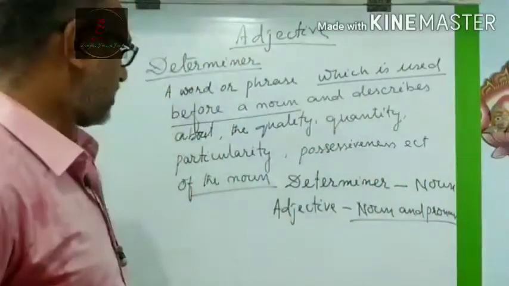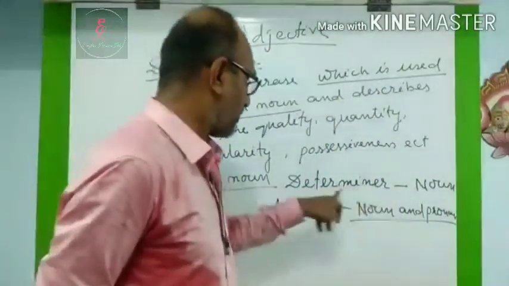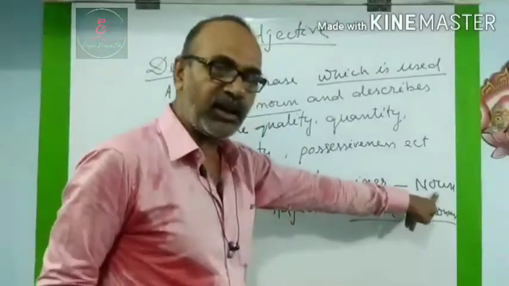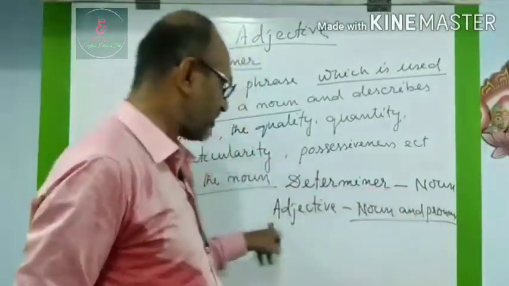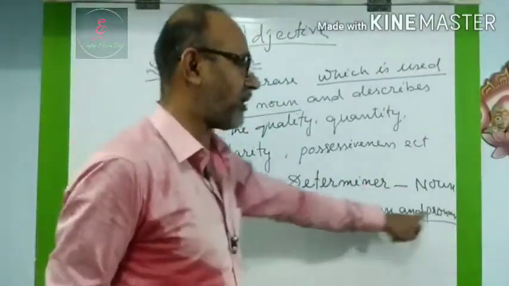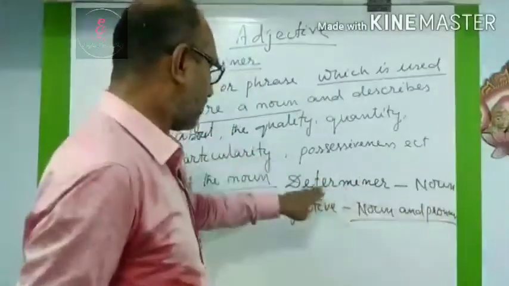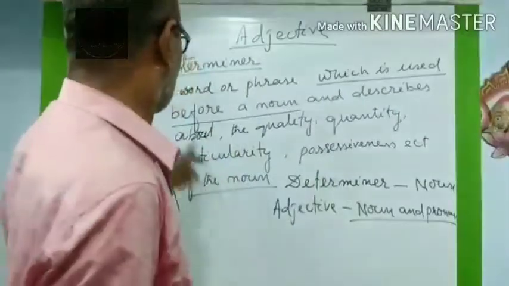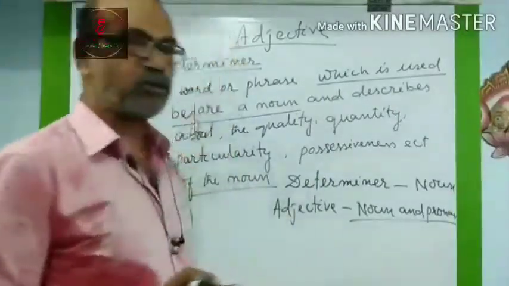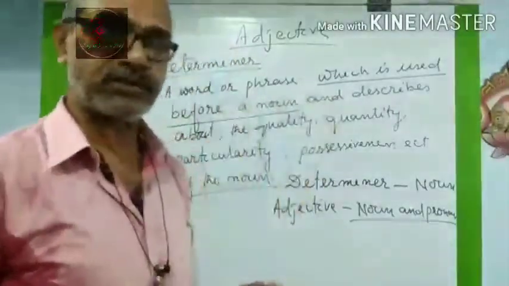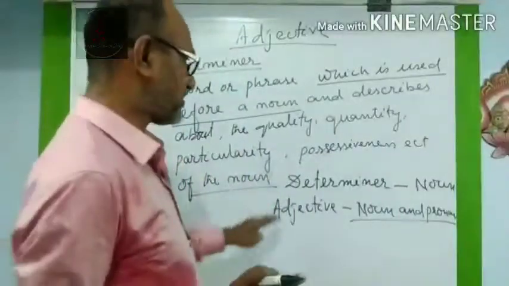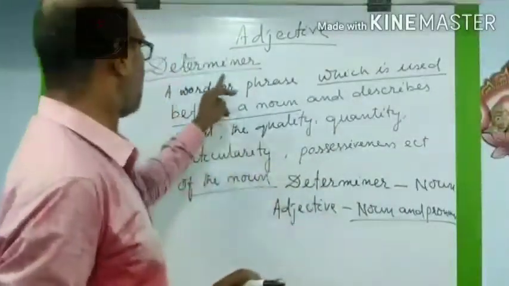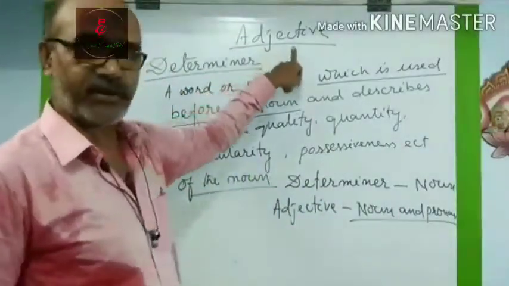Determiner is totally related to noun, whereas adjective is related to noun and pronoun. Determiner cannot be related to any pronoun because it has to be used before a noun always. Okay, and this is the difference between determiner and adjective.